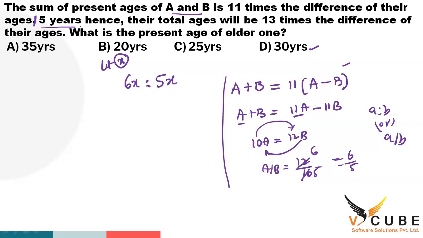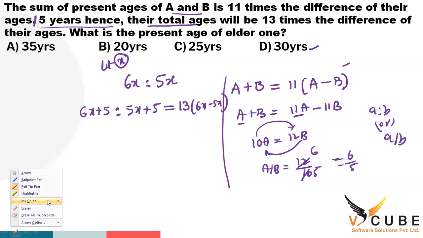Read the next statement, guys. Here 5 years hence. Hence means plus. 6x plus 5 is to 5x plus 5. Okay, 5 years hence their total ages will be 13 times the difference of their ages. Total means adding.